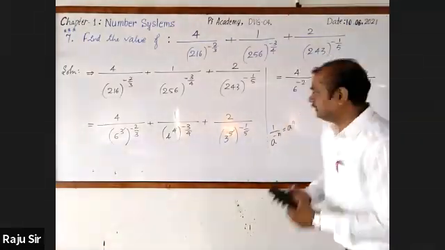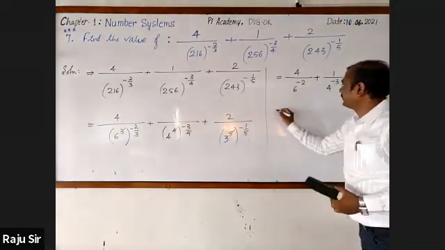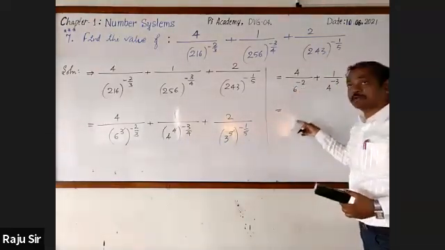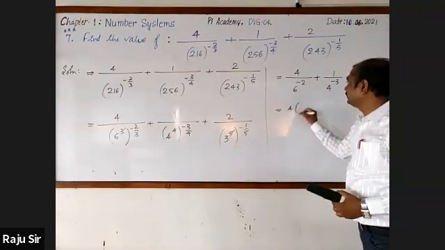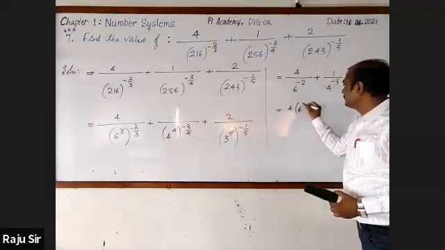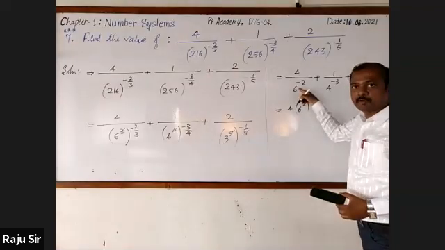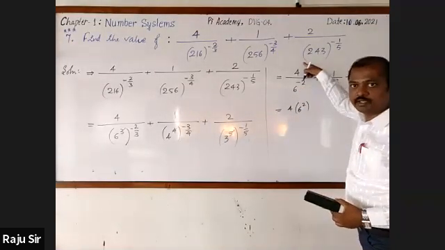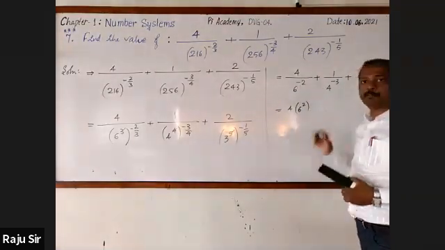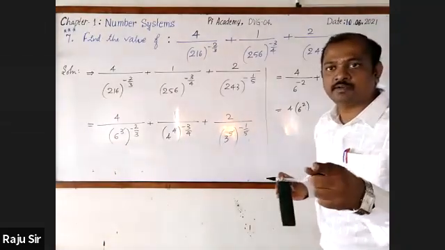So instead of taking 1 by 6 square, you can write like this: 4 into 6 raised to the power minus 2. When taken to the numerator, it becomes 6 raised to the power plus 2. Did you understand?